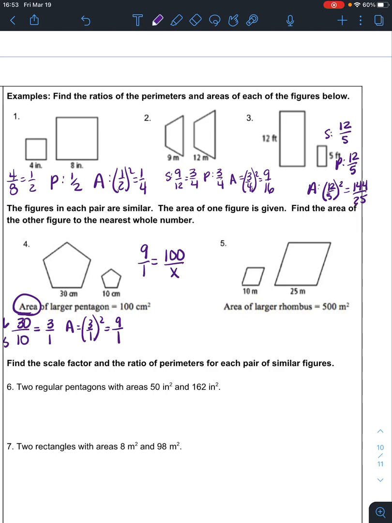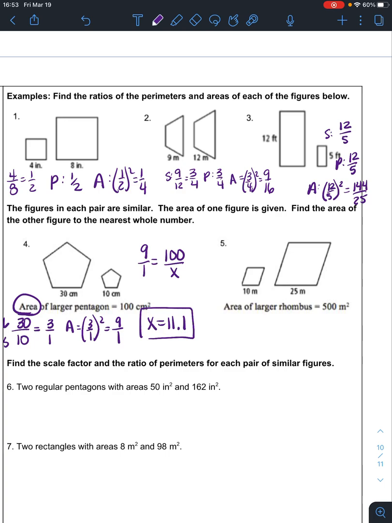So we just set up our proportion. So we have 100 divided by 9, and we get that the original area was 11.1, or 11, because it said to round to the nearest whole number.